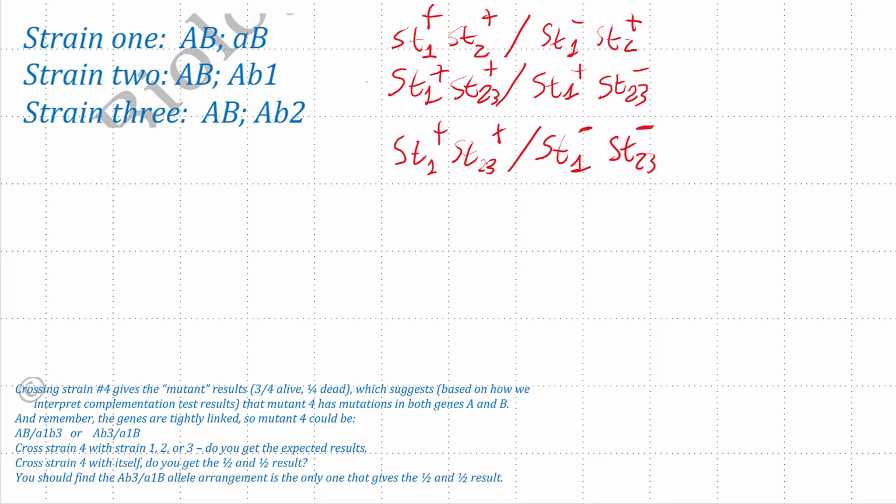We can have two different types of gametes for our strain number 4. It can look like that, which would be a cis configuration, or we can also have it like this, which would be a trans configuration.